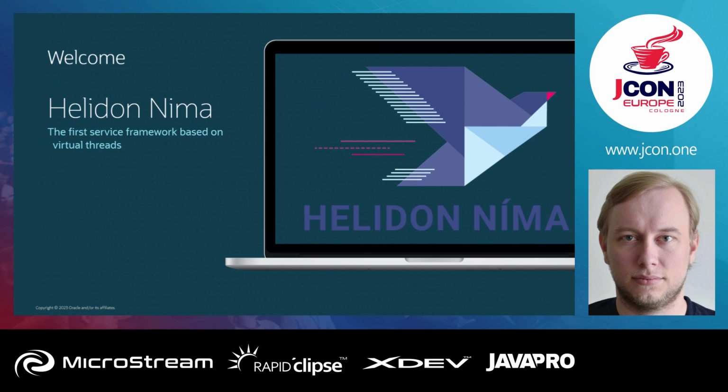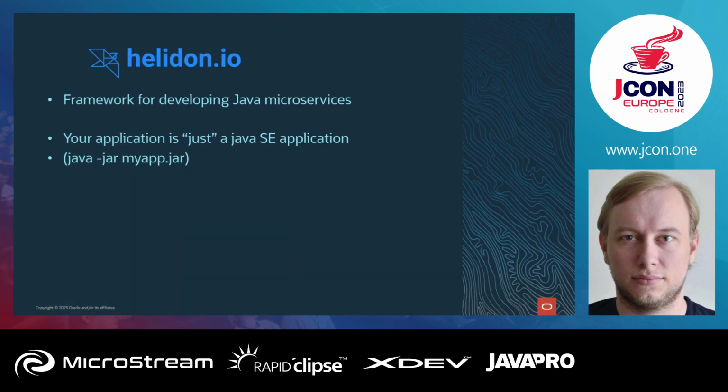But before we continue in terms of Helidon Nima, we will take a look at a brief introduction of Helidon. So Helidon is a framework for developing Java microservices. Everything you develop in Helidon is basically just a regular Java SE application.